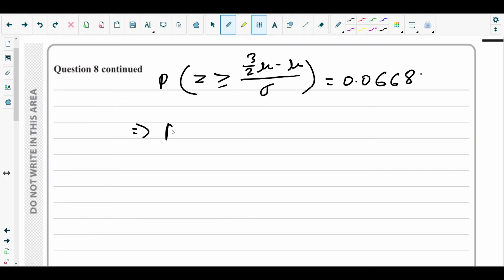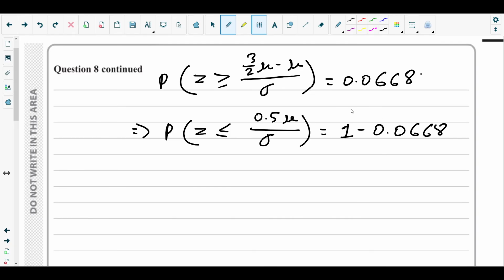The probability of z less than or equal to 3 over 2 minus 1, which is half, so 0.5 mu over sigma, is equal to 1 minus 0.0668.